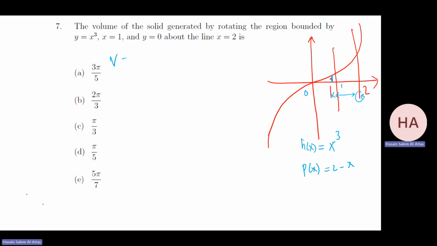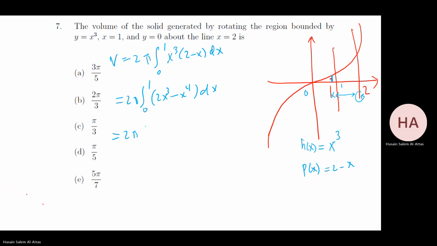So the volume will be 2 pi from 0 to 1 of x cubed times 2 minus x dx. That will be 2 pi from 0 to 1 of 2x cubed minus x to the power 4 dx. That will give me 2 pi of what? 2x to the power 4 over 4, which is x to the power 4 over 2, minus x to the power 5 over 5, from 0 to 1.